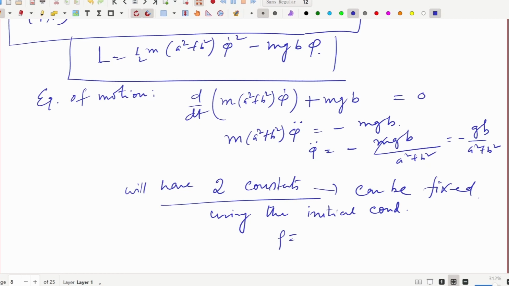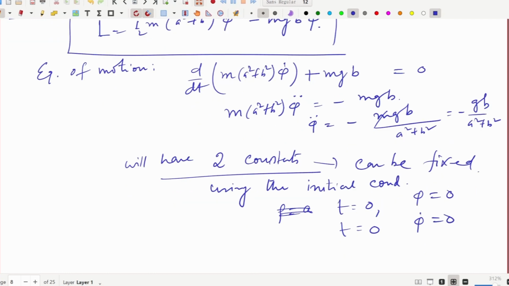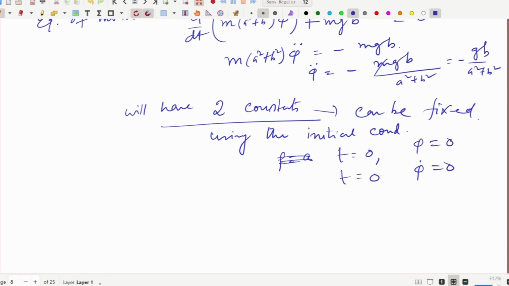The particle is released from rest. So, at t equal to 0 you have phi equal to 0, this is one condition, and at t equal to 0, phi dot is also equal to 0. This is the condition you have to use to find the solution, and you will find the solution.